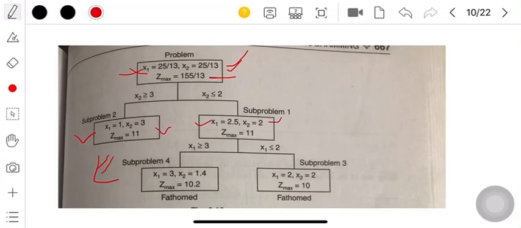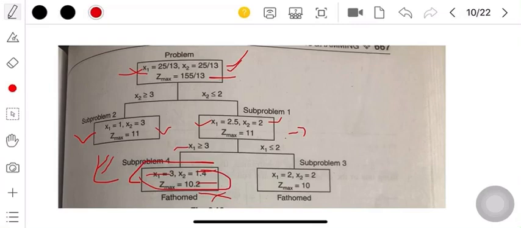Although there is no need to check here, we still checked x1 greater than or equal to 3 and x1 less than or equal to 2. After considering x1 greater than or equal to 3, we calculated x1 equals 3, x2 1.4 and z max 10.2. So this is not the optimal solution. We will not consider this here as well.